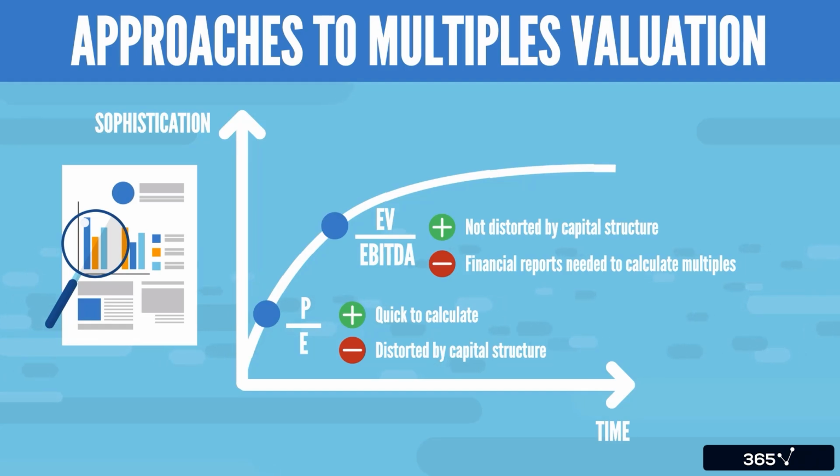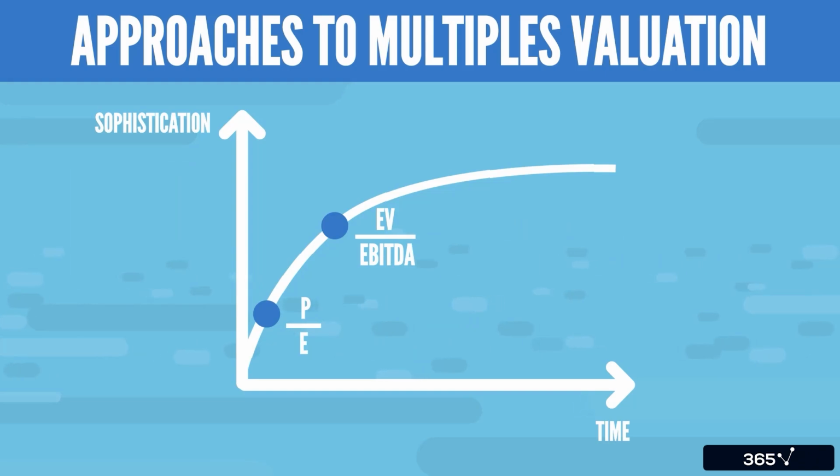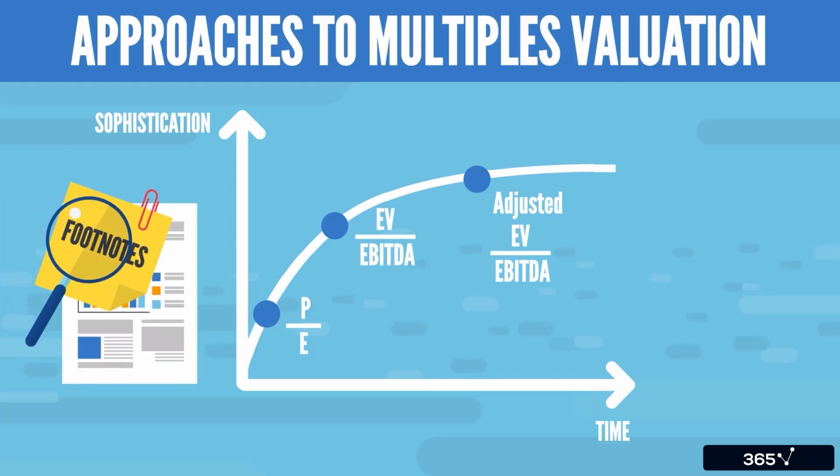And finally, the third approach would be the one that ranks as the most sophisticated, but it is very time-consuming too. A proper multiples valuation requires us to dig deeper and pay attention to the notes to financial statements, in which we can find additional detail and information.